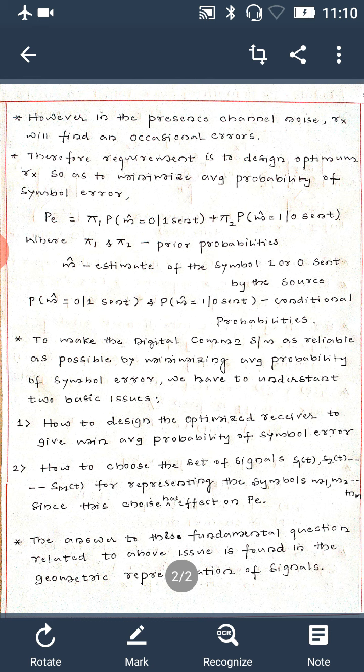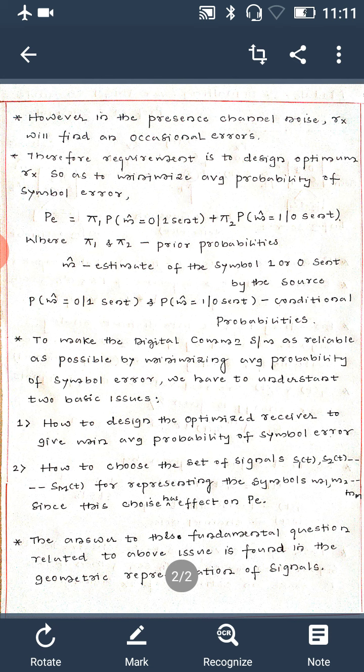The second issue is how to choose the set of encoded signals S1 of t, S2 of t, and so on up to SM of t, for representing the symbols M1, M2, and so on up to MM, since the choice has an effect on Pe. So the probability of error depends mainly on how you choose the set of signals.